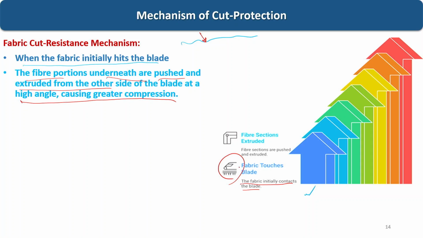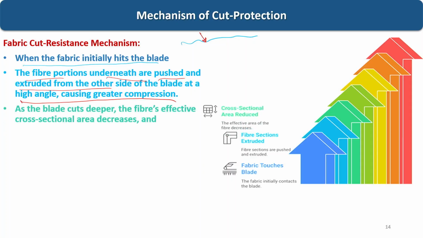That means the fiber section is extruded and pushed. Then next, as the blade cuts deeper, the fiber's effective cross sectional area decreases.